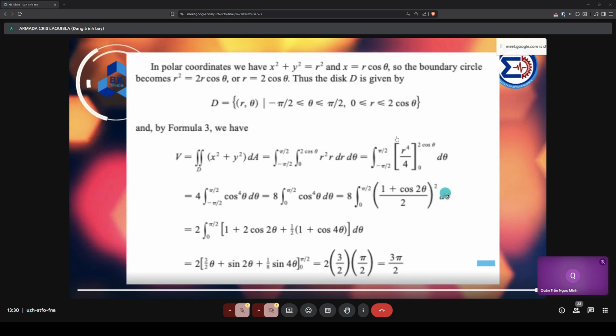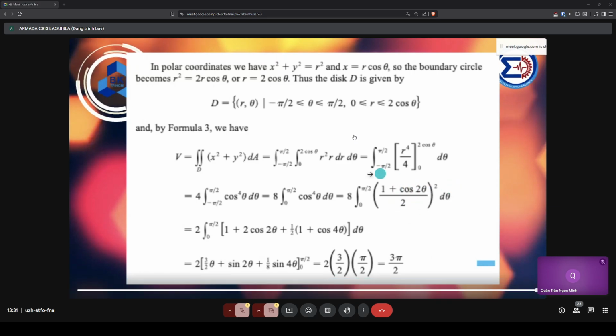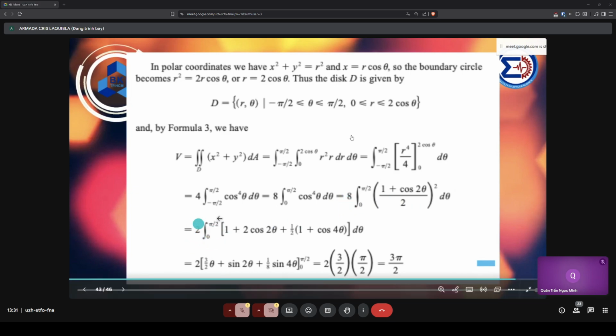Then the square is here, outside d theta, because this is equivalent to your cos squared theta. When you square it, it's cos to the fourth. Okay? Cos to the power of 4. And now, 2 squared is 4. You divide it here. So 8 divided by 4, the answer is 2. That is why there's 2 here.